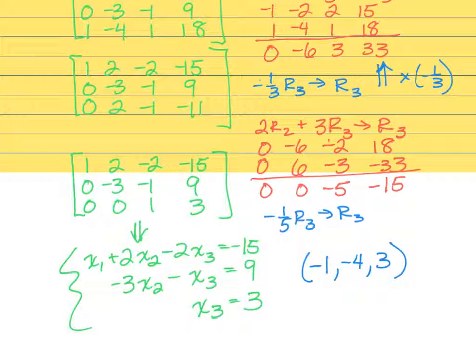And that is how we solve 3x3 systems, or any system using elementary row operations. So it looks like this particular system has one solution. It's consistent and it is independent.